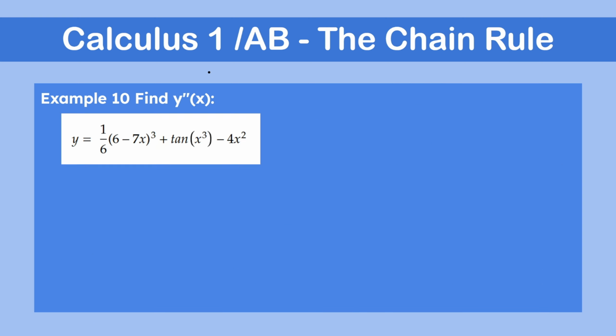So now we are required to find the second derivative of this function. So let's start. So we have y prime. So we're going to start with the power rule. We take down the degree, 3 over 6, 6 minus 7x squared. Then we multiply by the derivative of the inside, which would be negative 7. And then we're going to add the next term. The derivative of tangent will be secant squared.